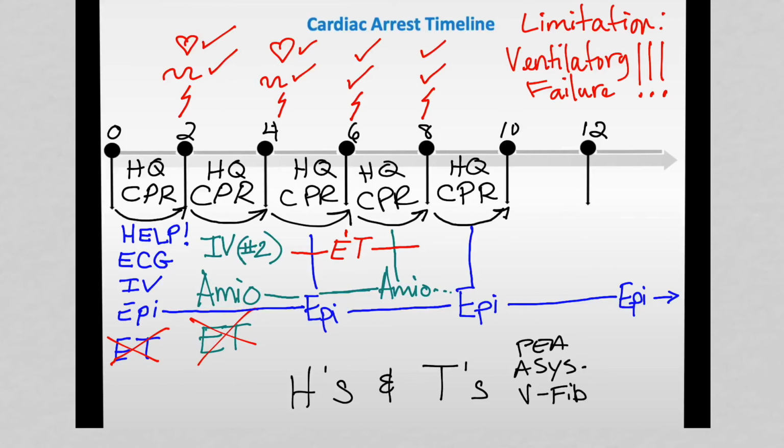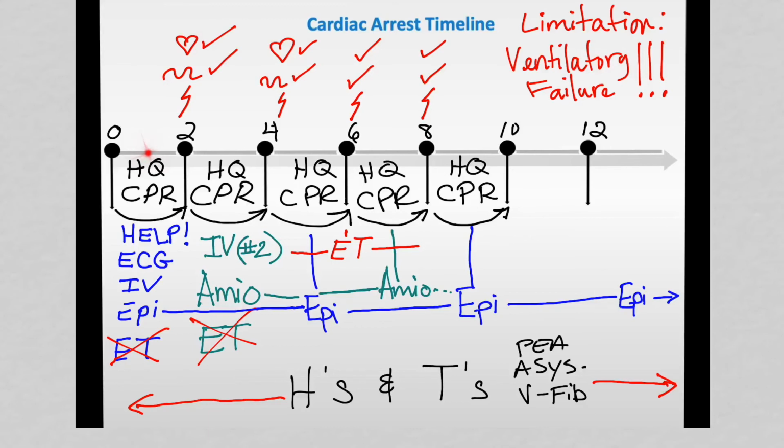From now on, it's important to remember that the H's and T's start at the beginning of your cardiac arrest and go all the way to the end of your cardiac arrest. You always want to be thinking about the H's and T's. For example, if your patient is in the hospital and ventilator dependent, and they go into cardiac arrest that presents in ventricular fibrillation, the most likely cause of ventricular fibrillation in those early moments is going to be some sort of respiratory compromise related to the ventilator or the ventilator settings.